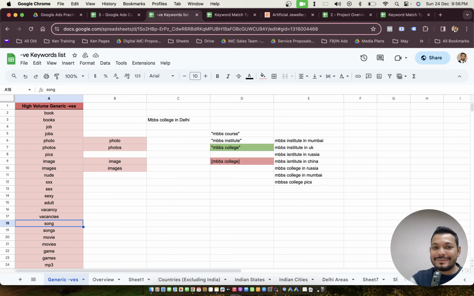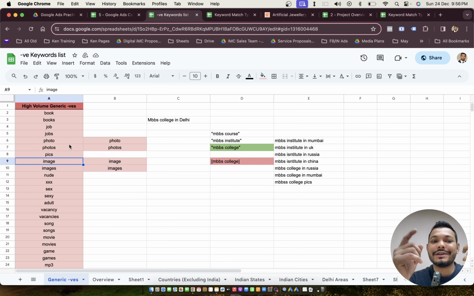Then people will always be typing things like photos of girls in sari, pictures of girls in sari, images of girls in sari, and you don't want to show the ad on these terms. So you always try to add the words photos, images, or pictures in negative, right?